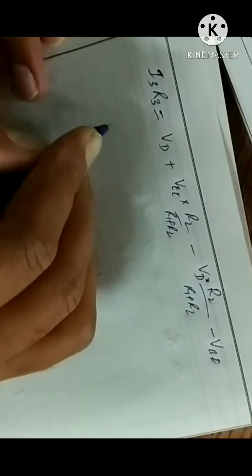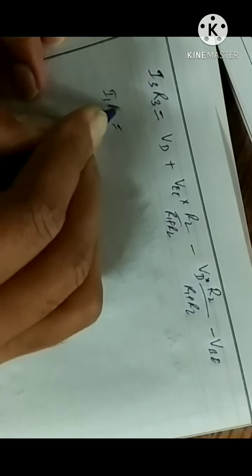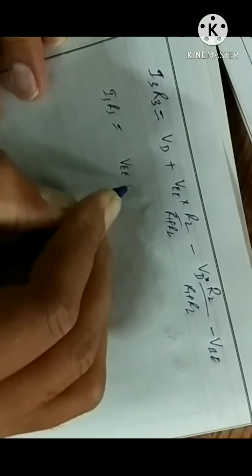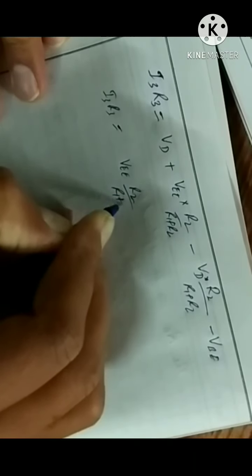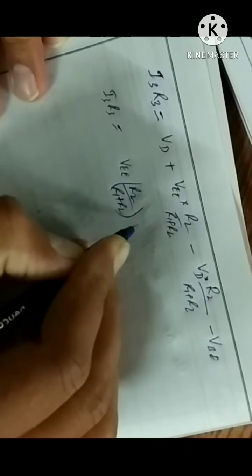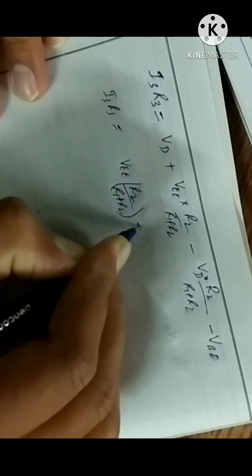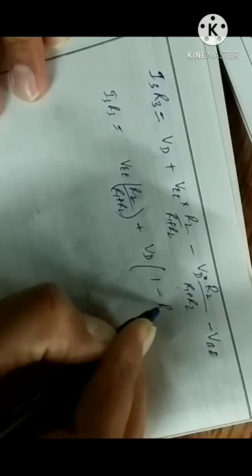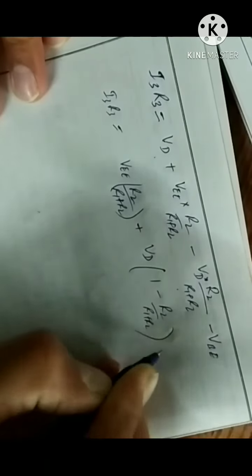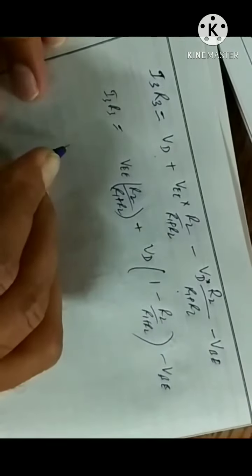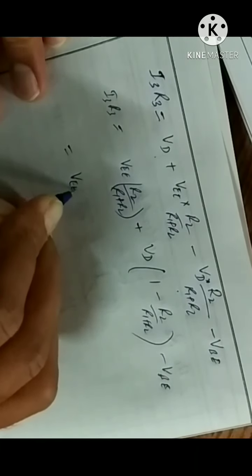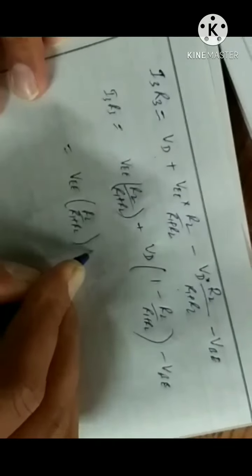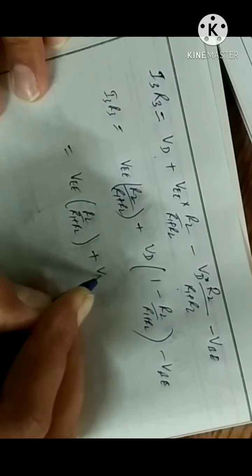Rearranging this, we can get I3R3 is equal to VEE R2 by R1 plus R2 plus VD, taking common from these two, 1 minus R2 by R1 plus R2, minus VBE, and VEE R2 R1 plus I2 plus VD.